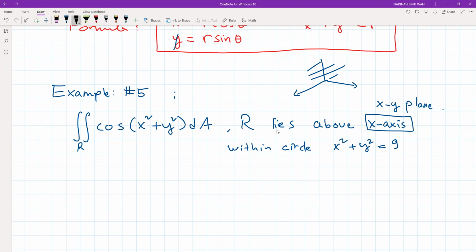Okay, so the question is, lies above xy plane within circle this one. So maksudnya dia adalah on y positive value yang ke atas ni. So circle x squared plus y squared equals to 9. Okay, first thing first, find the boundaries.